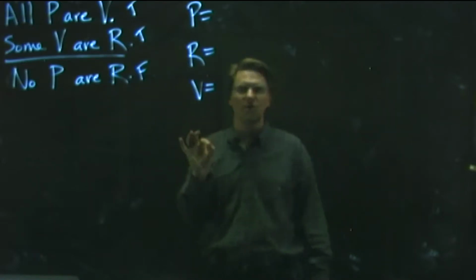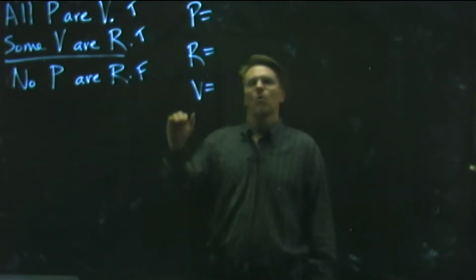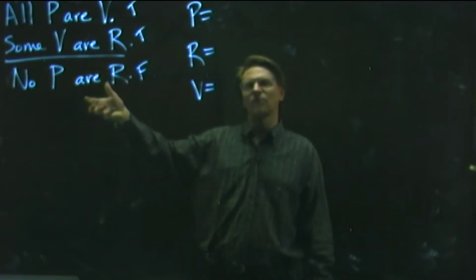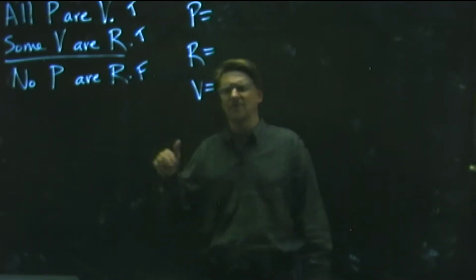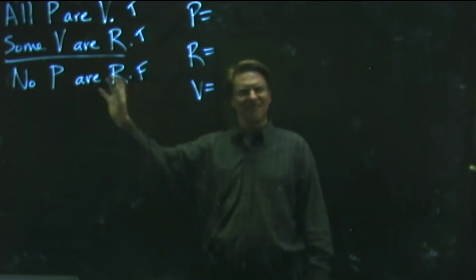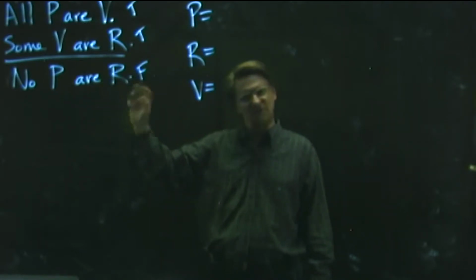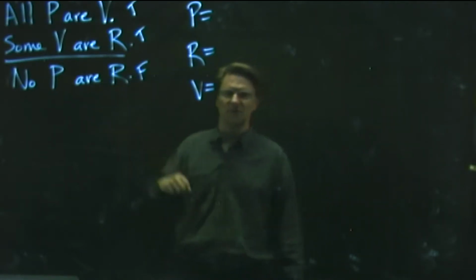In my experience, when the conclusion is negative, people often plug in things for those letters and end up with a true statement, because the negative aspect of that statement kind of flips things around in their mind, I guess is the way to put that.